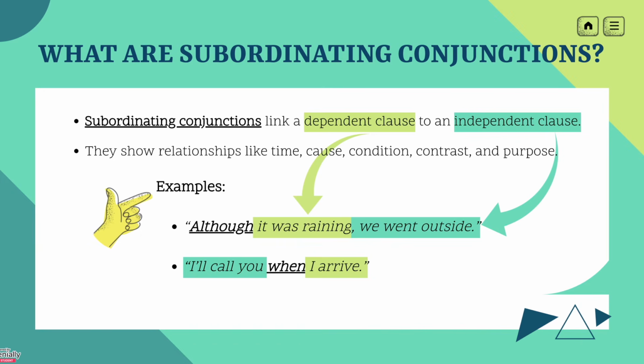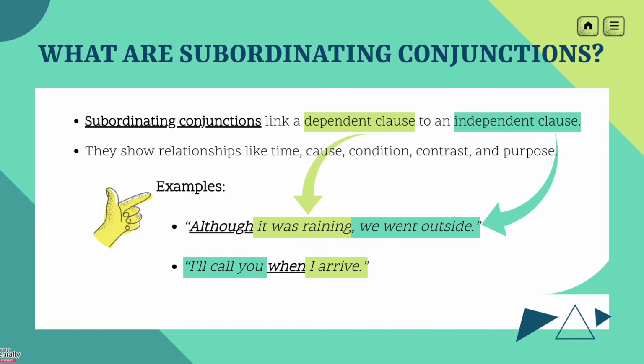I gave you two examples here. So, although it was raining, we went outside. Or, I'll call you when I arrive. See how the first part of each sentence depends on the second? That's the magic of subordinating conjunctions.